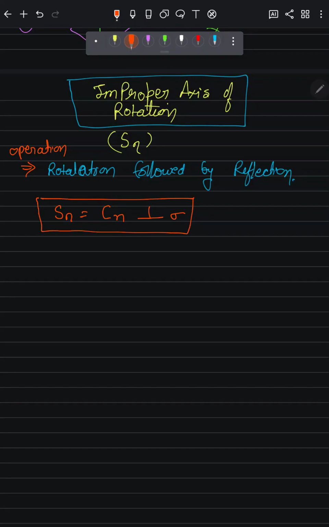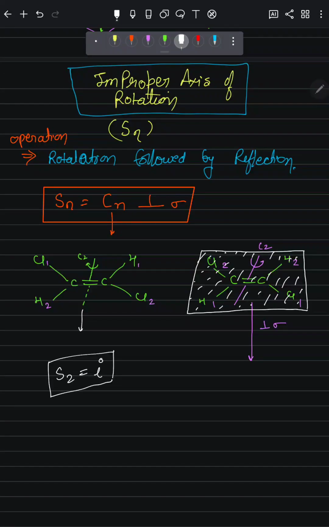To check whether a molecule has an Sn, we first need to check whether it has a Cn axis, and then put a particular plane here and see whether we get an identical structure. In this example, if we pass a C2 here, the rotation occurs and this Cl position changes.